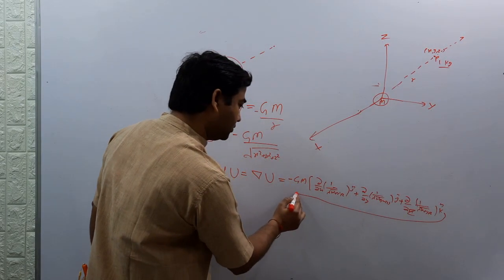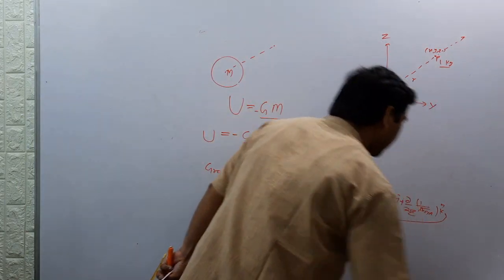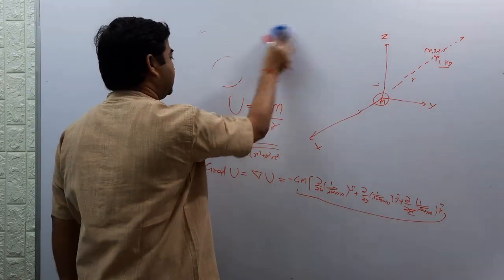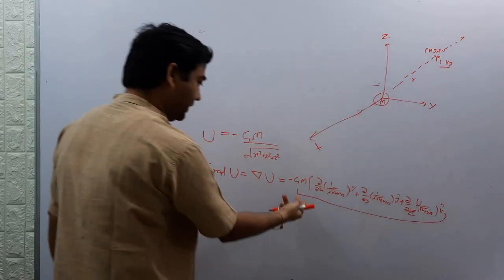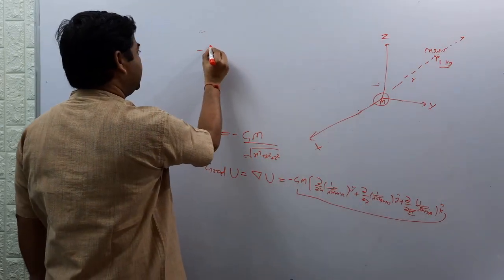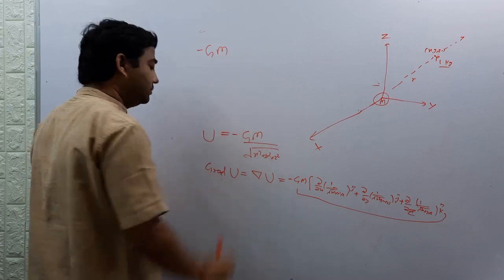This is grad U, the gradient of the potential energy function. So we will find it minus Gm.